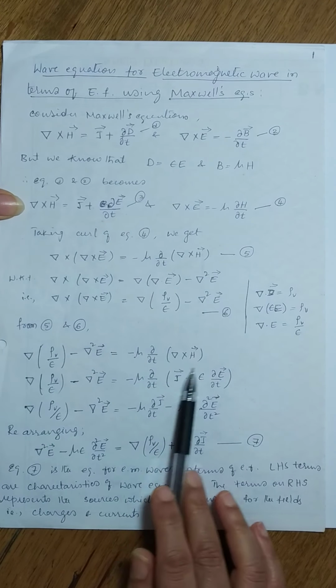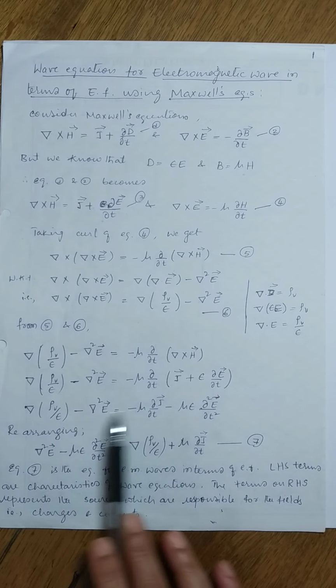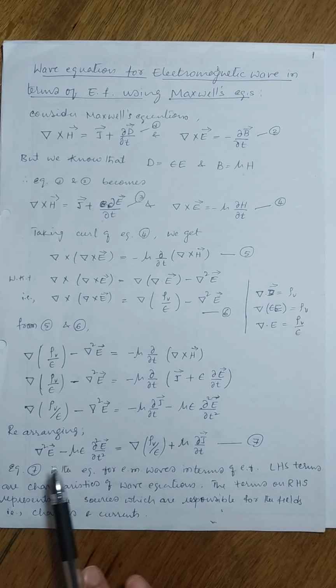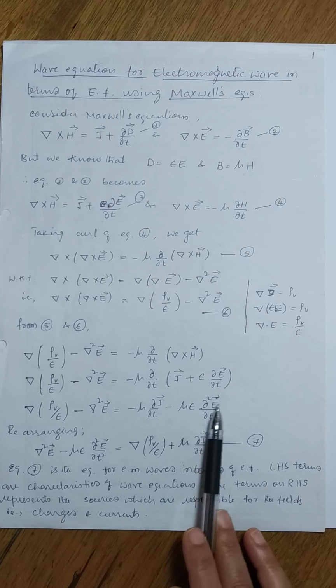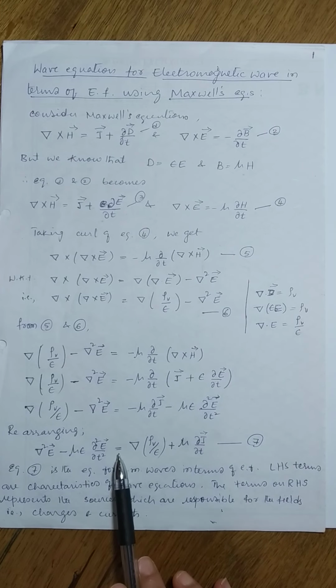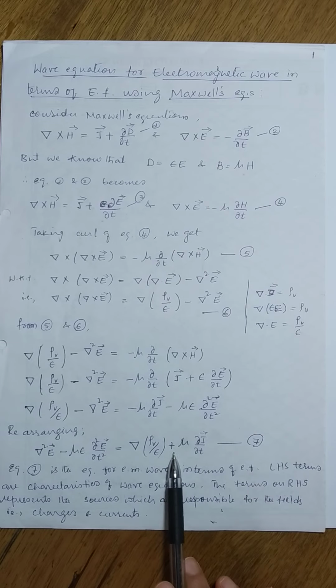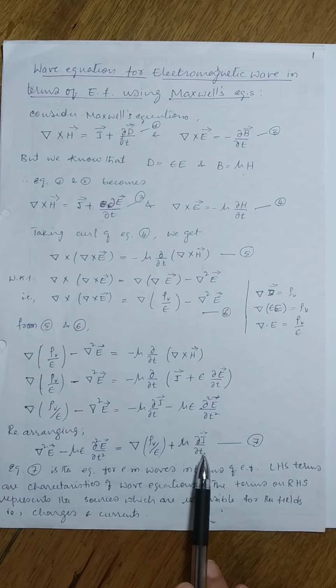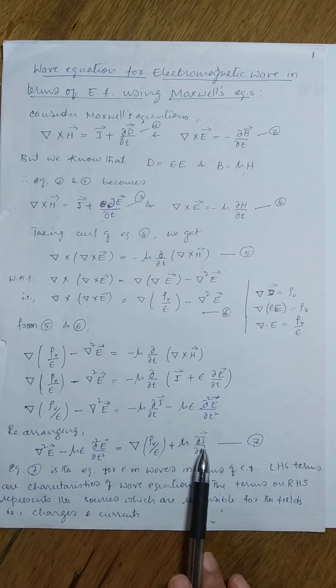So in the place of curl of H, I have substituted from equation 3, and rearranging the terms, we can write del square E minus mu into epsilon dou square E by dou t square is equal to del of rho v by epsilon plus mu dou J by dou t. This is what we call the equation for electromagnetic waves in terms of Maxwell's equations.